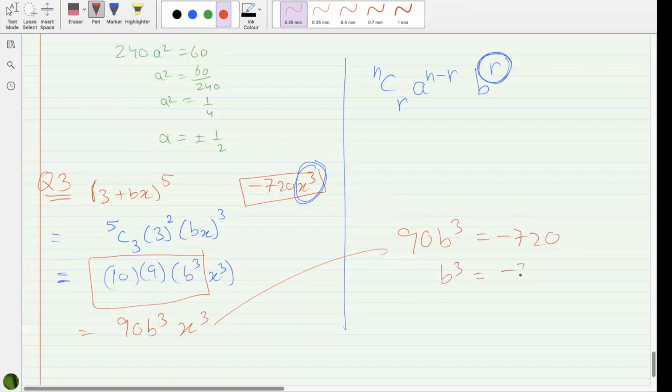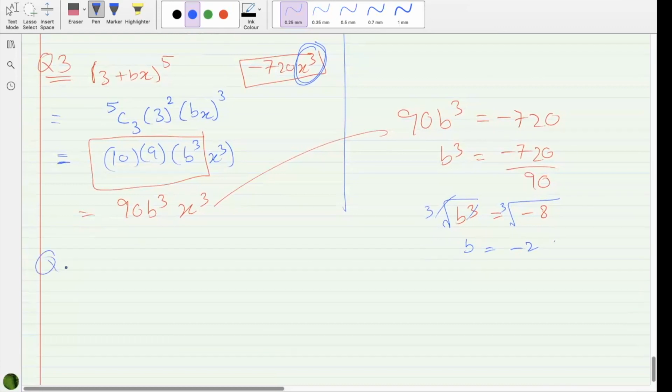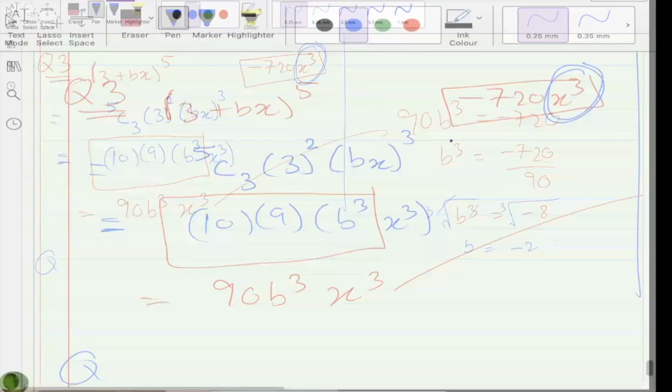So b cube is equal to negative 720 by 90, which is minus 8. Then taking the cube root on both sides, b is equal to minus 2. So when b is minus 2, the coefficient of x cube in the expansion of 3 plus bx raised to power 5 is minus 720. Let's see our next question.